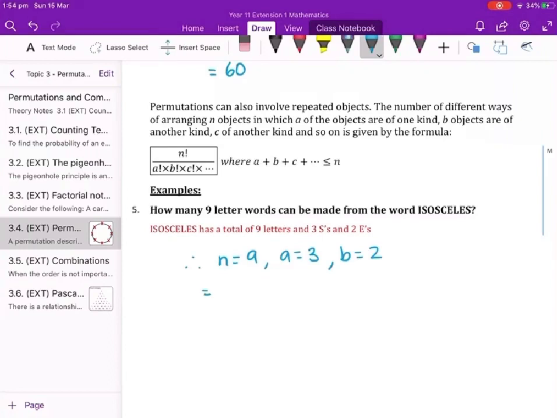So our answer is going to be 9 factorial divided by 3 factorial times 2 factorial, which equals, when we place this into our calculator, 30,240. So there are 30,240 ways that 9-letter words can be made from the word isosceles.